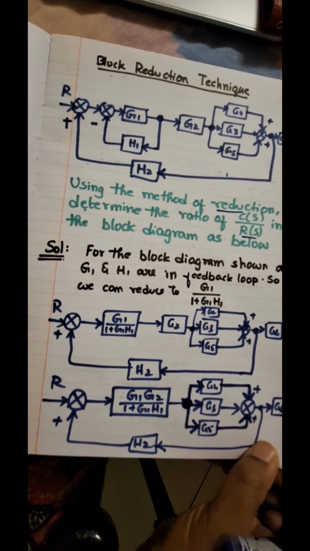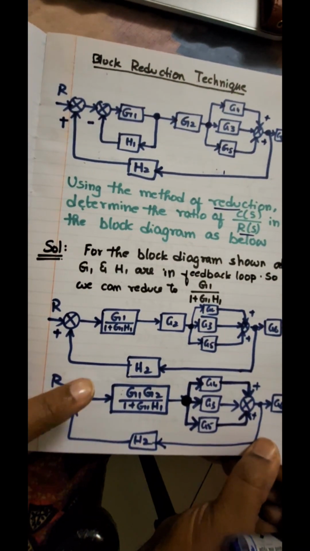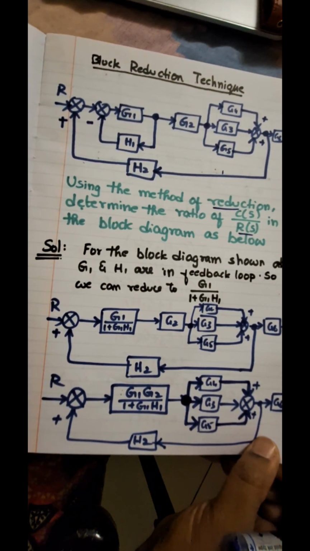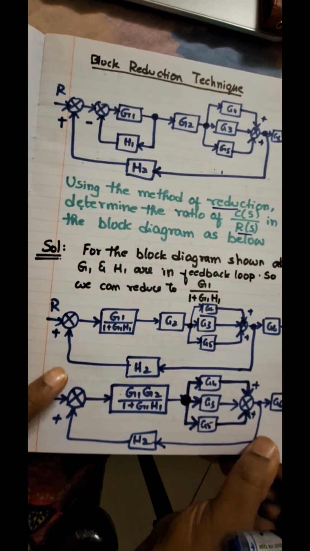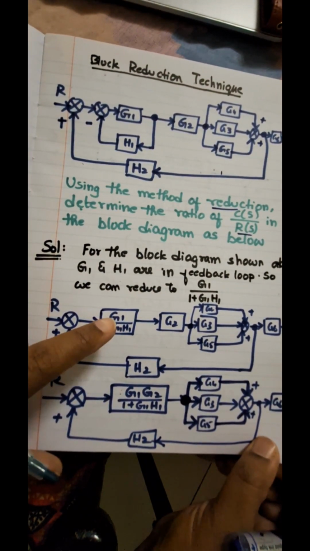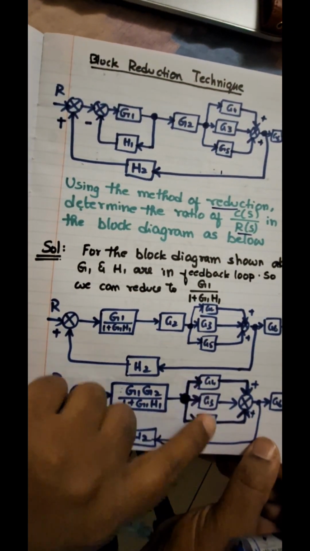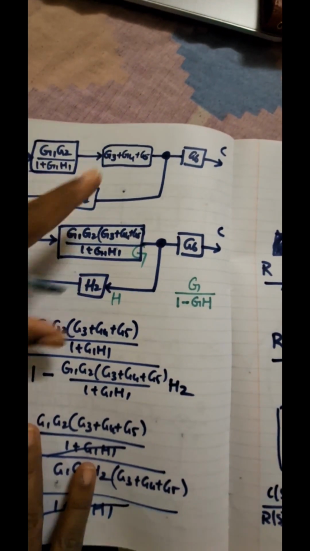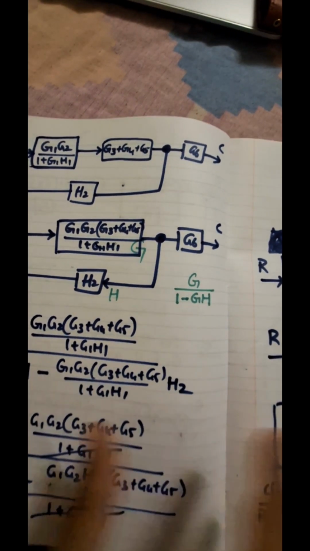But remember, whenever you are changing the block, a statement should come. Remember, this is a 20 marks question, which is a large amount of your marks, right? So please try to include the statements. Here, these two are in series. Then here, these three are in parallel. Here, these two are in series. Here, these two are in feedback.